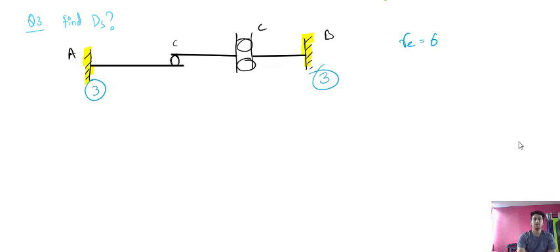In case of an internal roller, I have told you that two equations are released: the axial force at C will be 0 and the bending moment at C will be 0. So here the two equations are released.